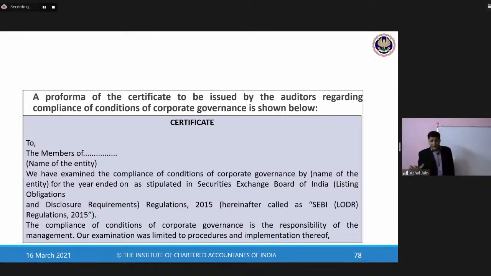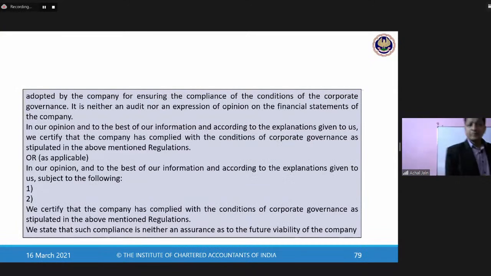So it is clarifying that it is not my responsibility that the company complies with this. Our examination was limited to procedures and implementation thereof adopted by the company for ensuring the compliance of conditions of corporate governance. And of course, this is not an audit, and we are not expressing opinion on the financial statements of the company in this regard specifically.